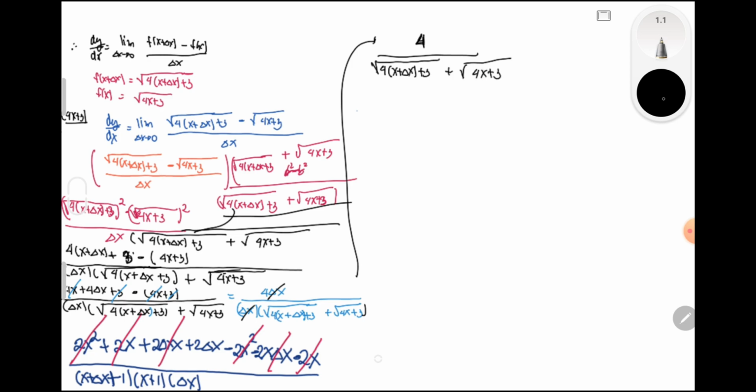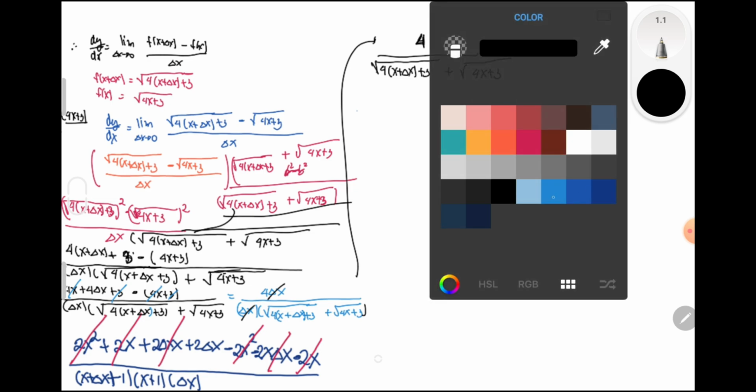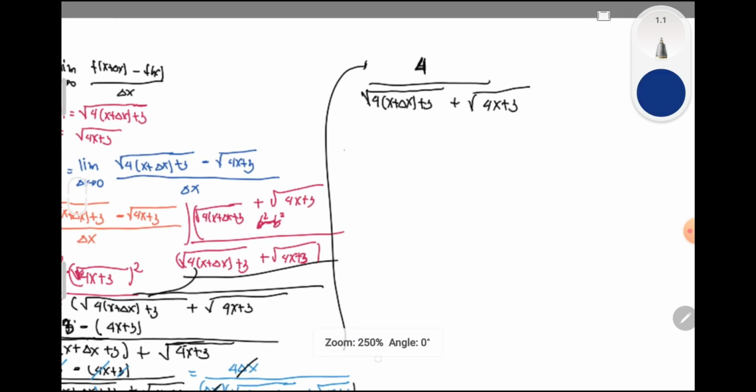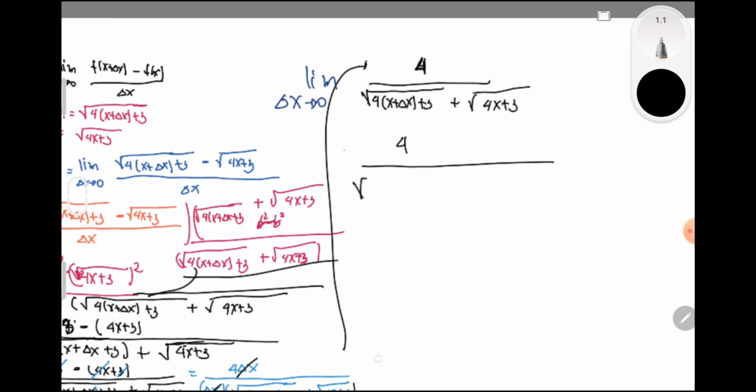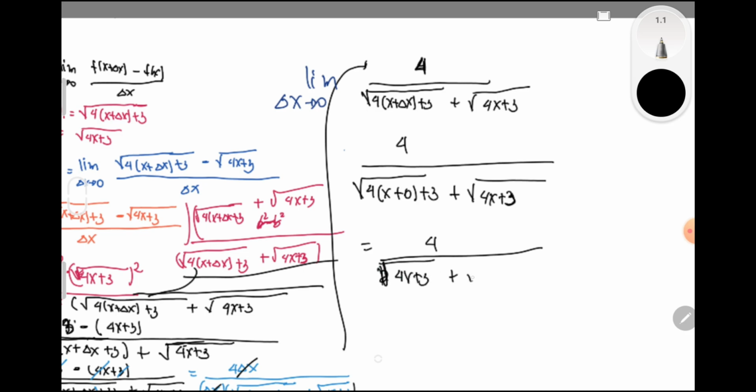Okay, so getting the limit of this equation, when we take the limit as delta x approaches 0, we'll have a value equal to 4 divided by the square root of 4 multiplied by (x plus 0) plus 3 plus the square root of 4x plus 3, which is equal to 4 divided by the square root of 4x plus 3 plus the square root of 4x plus 3.